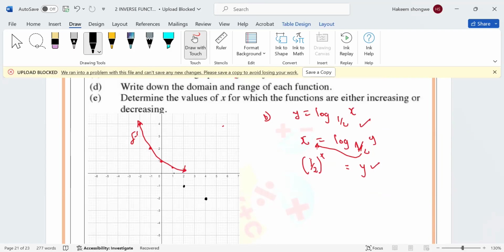X is 1, y is 0. The last time we did this, I made a mistake. X is 0.5, y is 1. X is 0.25, y is 2. Then you put an arrow here, since this continues, and this side also continues. Then you connect your dots, and this is f of x.